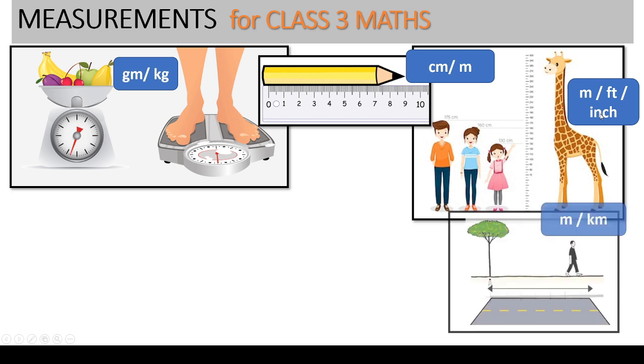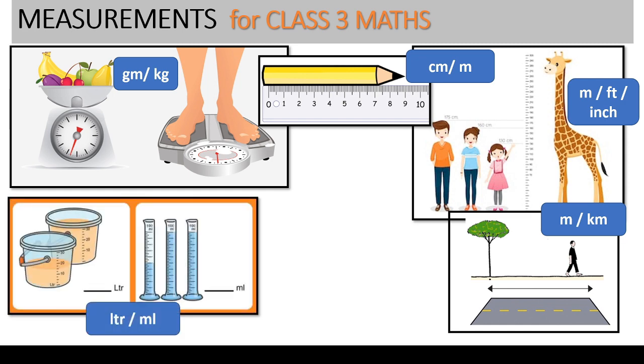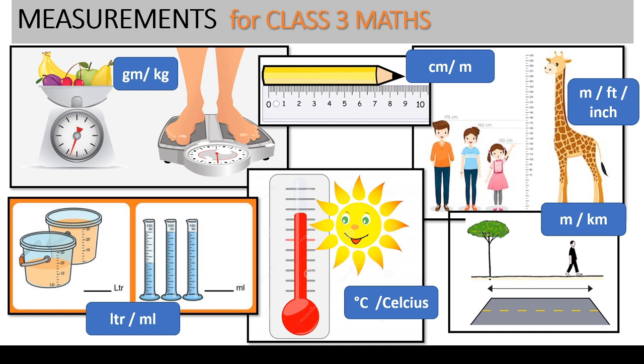The units for measuring distances is done in meters or kilometers or even miles in countries like USA. Then there is unit of measurement for liquids, which is done in liters for bigger quantity and milliliters for smaller quantity. And finally, the temperature, which is measured in degrees Celsius.